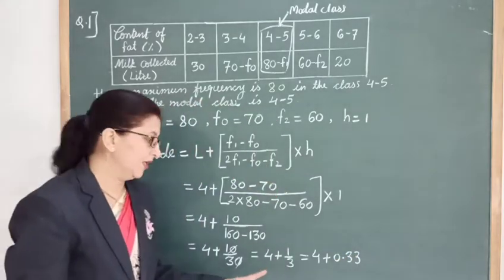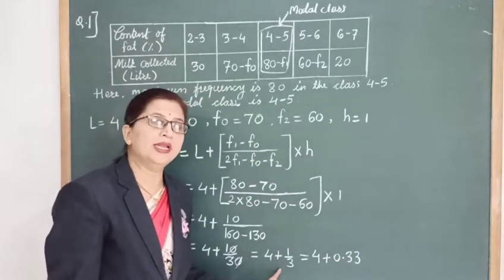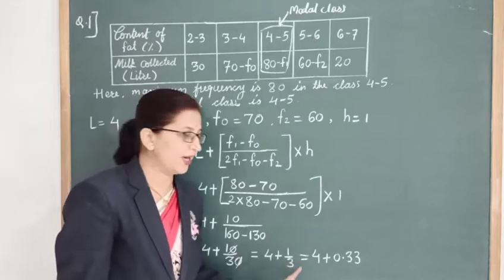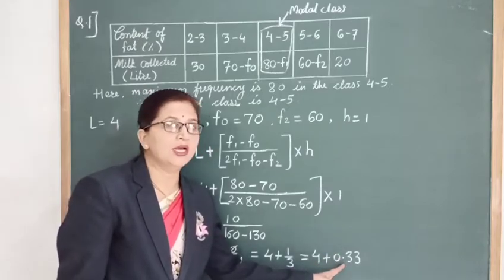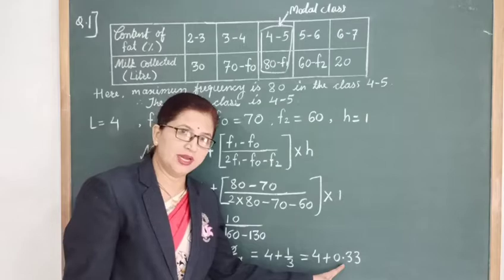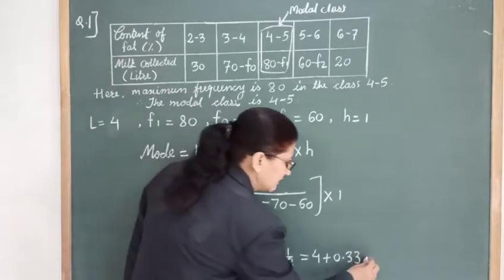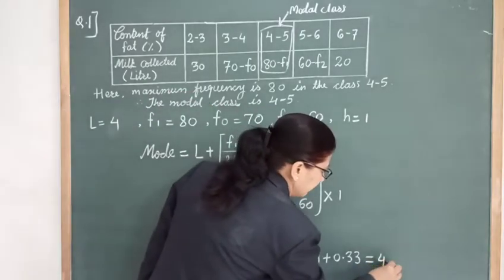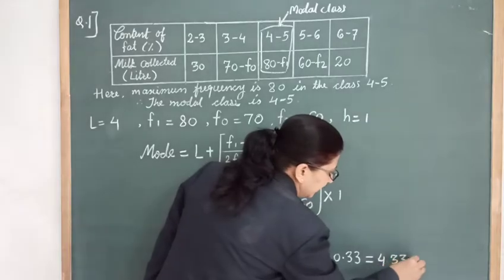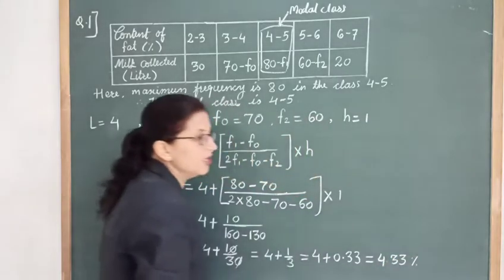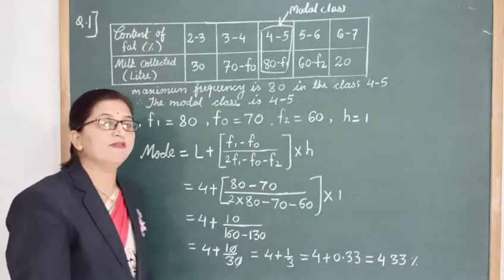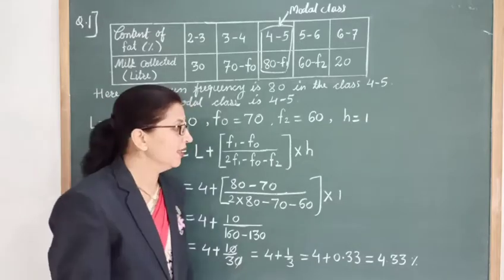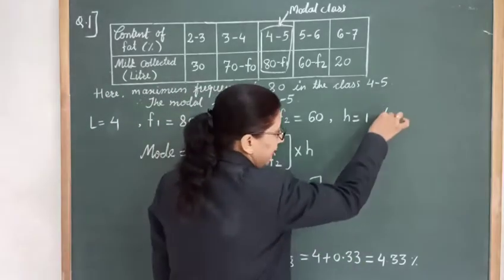If the division is non-terminating, then we have to write the value up to the second decimal place. Then let's add: that is 4.33. As the question asks to find the mode of fat content, write down the answer.